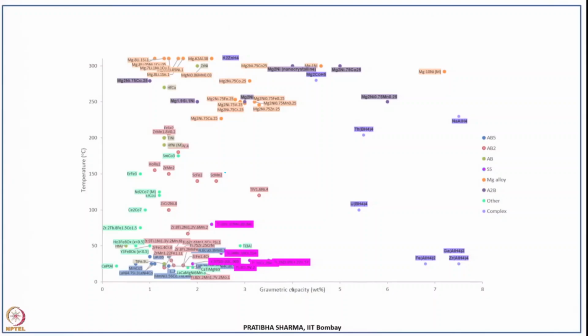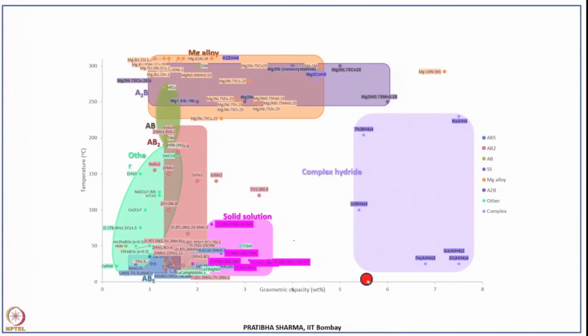Okay, this is all about how the hydrogen storing materials in solid state correspond to their gravimetric capacity. Okay, you can see.